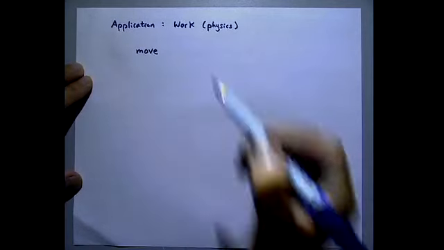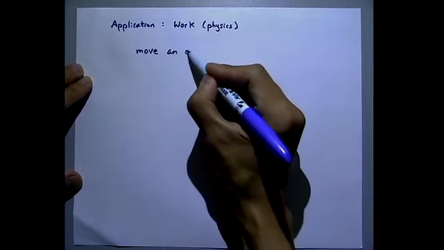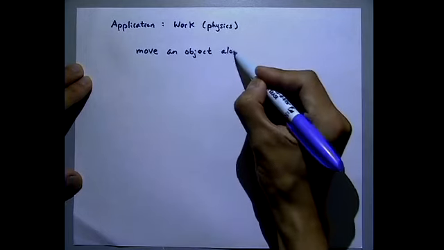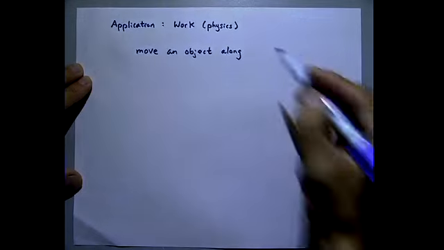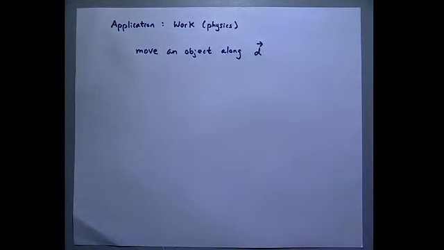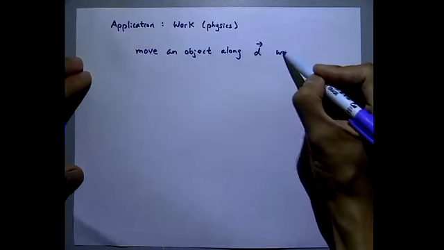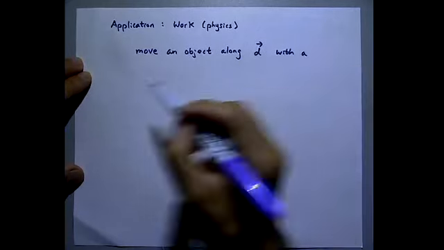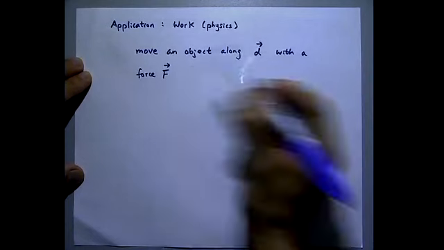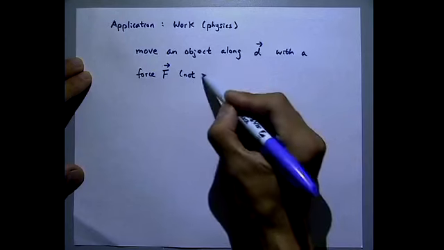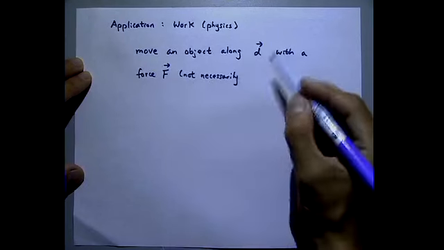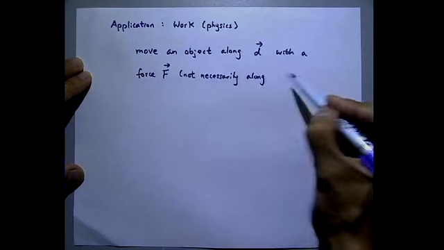This is what happens when you move an object along some direction, D, so that's where you want to move it to, with a force, capital F vector, that's not necessarily along D.